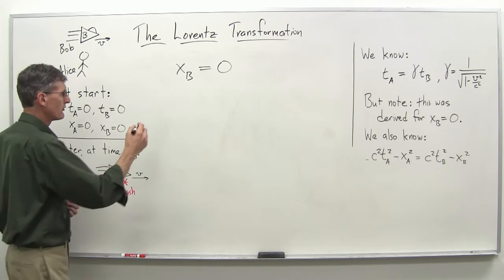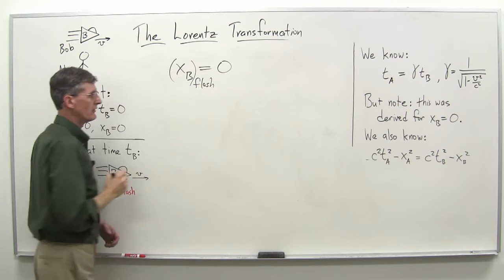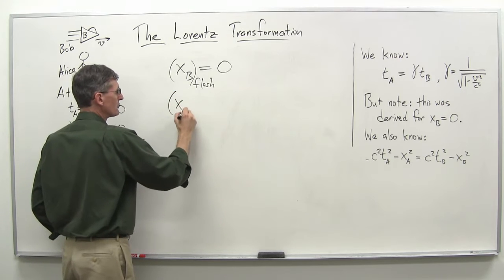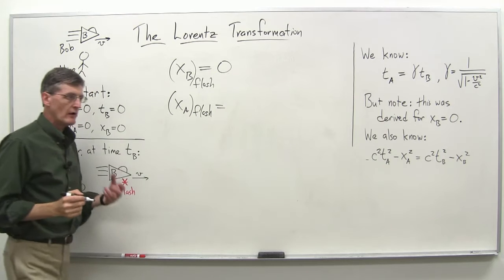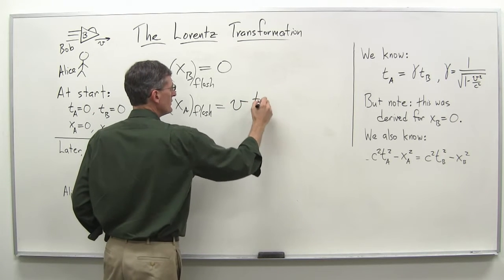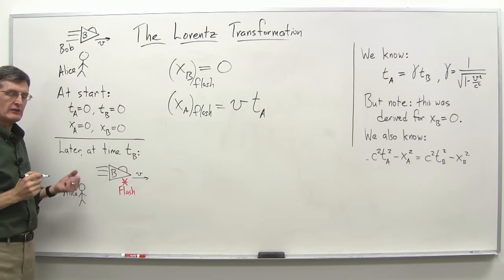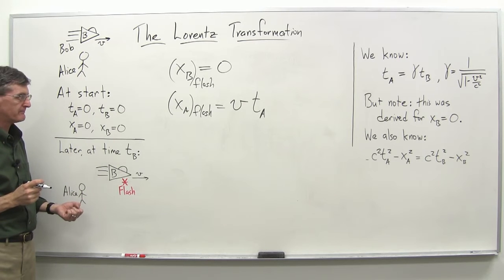And so we can also say, just to indicate, this is the location of the flash to Bob. The location of the flash to Alice is simply going to be the relative velocity times whatever time she sees on her clock, just v times t_a.